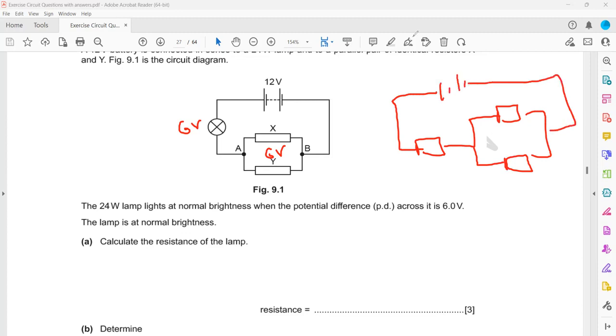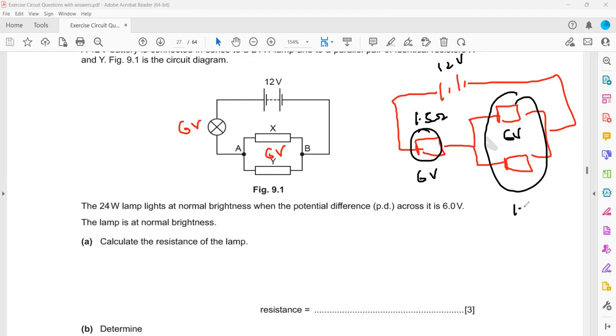So if out of 12 we have 6 volts here and 6 volts in parallel, it shows that this parallel combination resistance is the same as the component before that. So if this one had a resistance of 1.5, what is the resistance of this parallel combination? That is also 1.5.